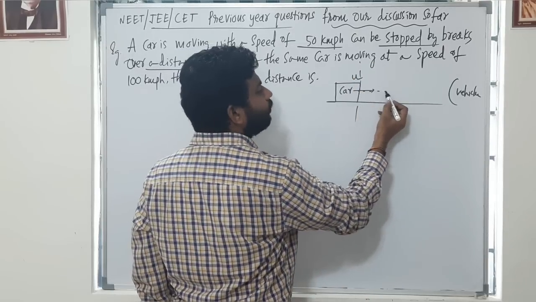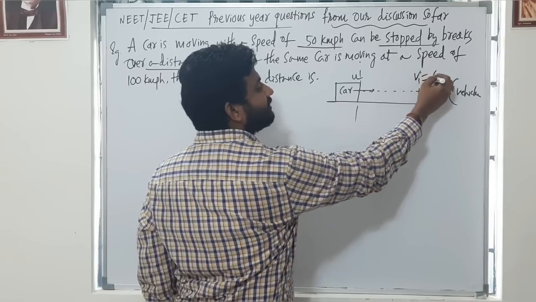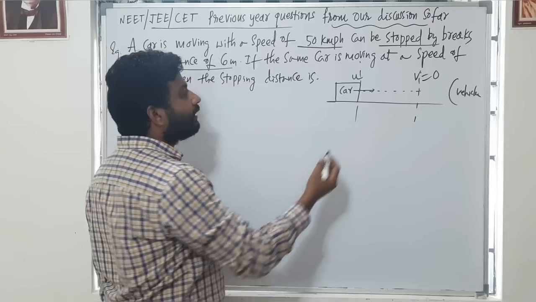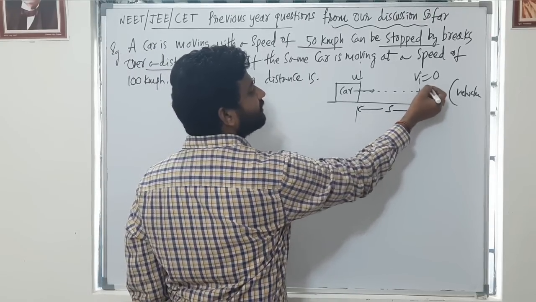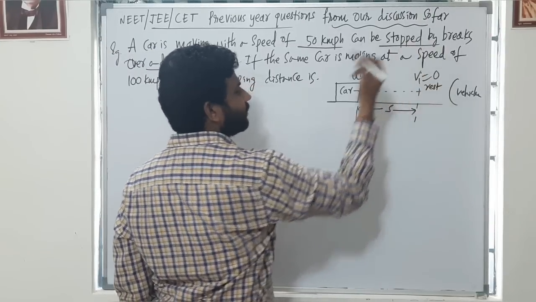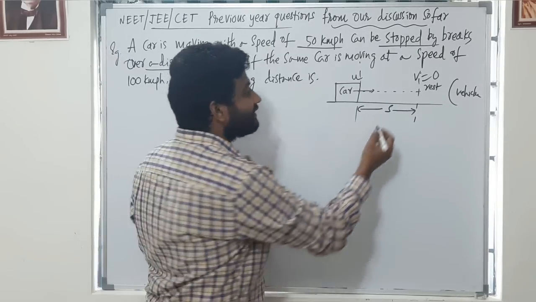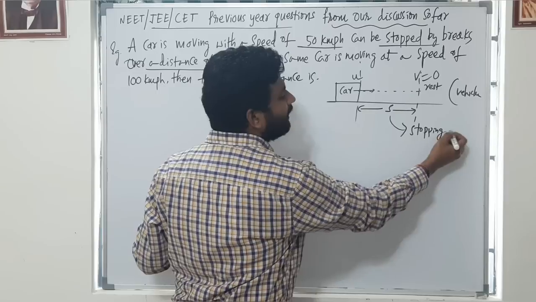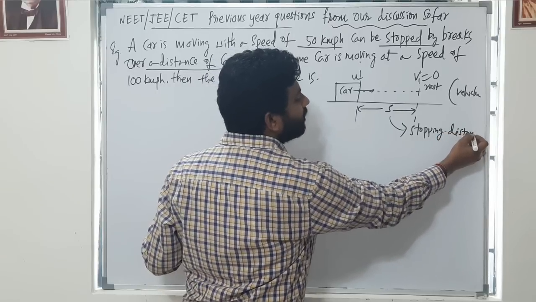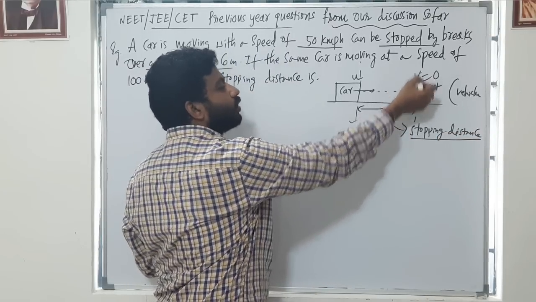The car will move some distance and comes to rest. Clear? The car moves some distance before it comes to the rest position, and that distance is called the stopping distance. What is this distance called? Tell me. The stopping distance, okay? Because we applied brakes at this point and the car stopped at this point.